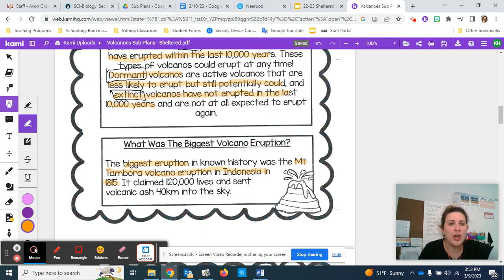It claimed 120,000 lives. 120,000 personas se murió. And sent volcanic ash 40 kilometers into the sky. Una erupción más grande.